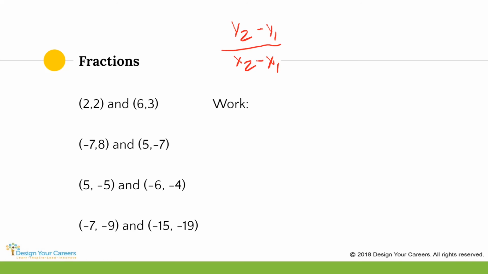Our y2 value over here is 3, our y1 value is 2, and we're dividing that by our x2 minus x1, which is 6 minus 2. And that is equal to 1/4.